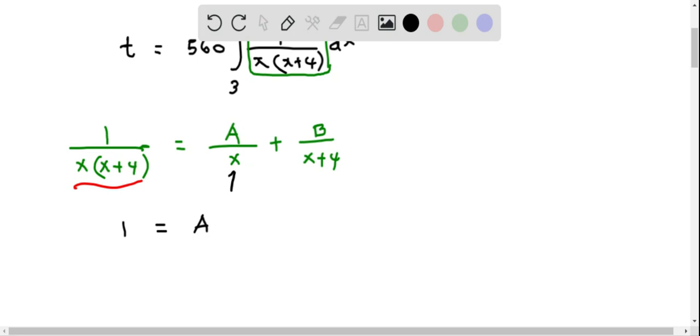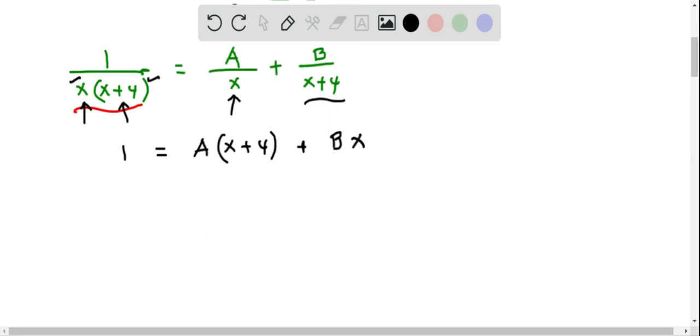The denominator here is x, so A has to be multiplied by x plus 4. Similarly, for the other fraction, B has x plus 4 as its denominator, which means it does not have x, so B has to be multiplied by x.